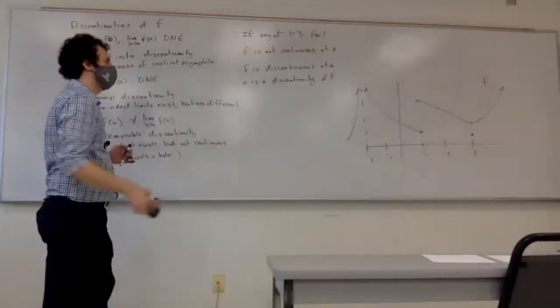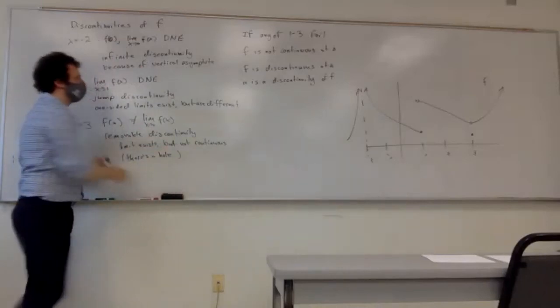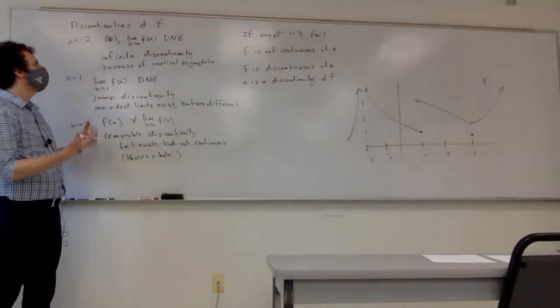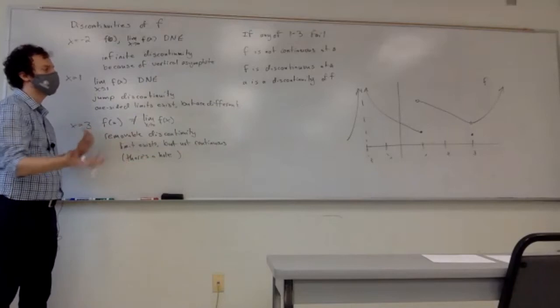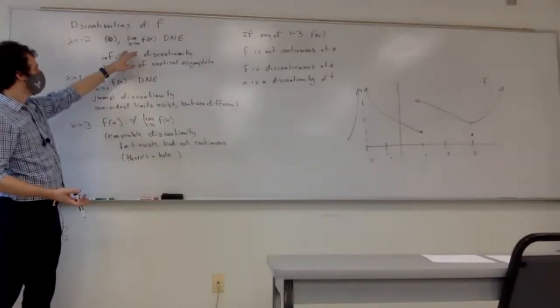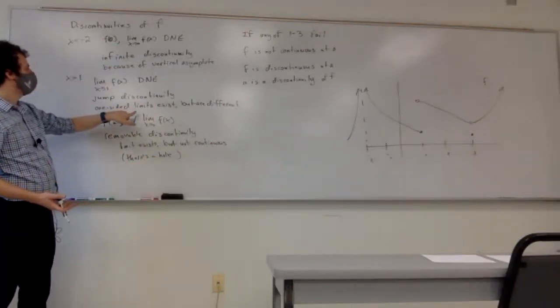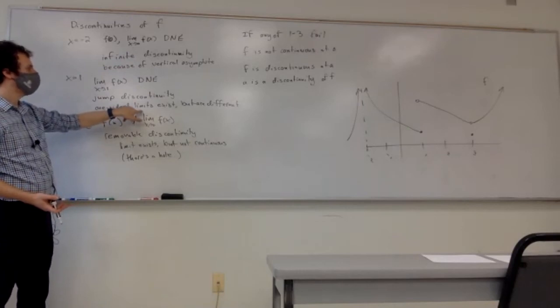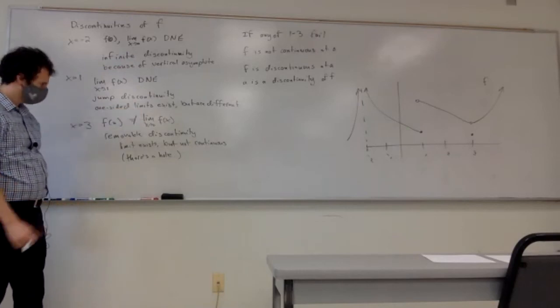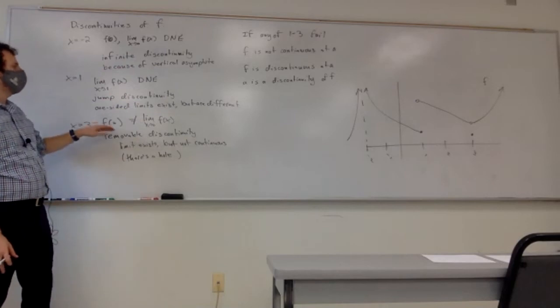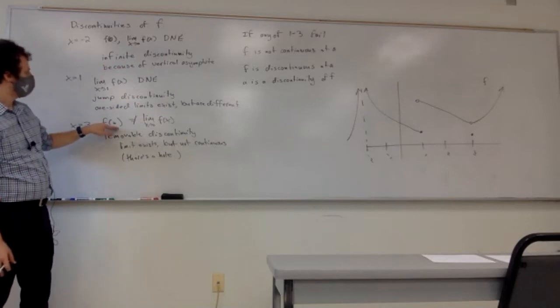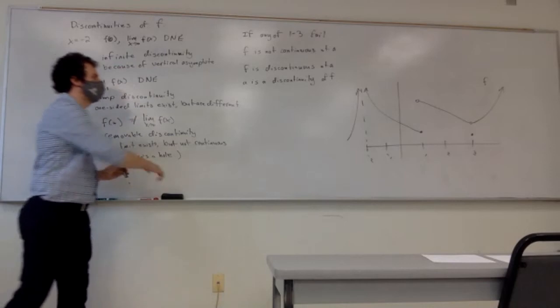In dealing with just the formulas, these are the things that most likely happen. You get an asymptote, or the two one-sided limits are different, or you have a point that's not in the domain, which causes the function to not be defined.